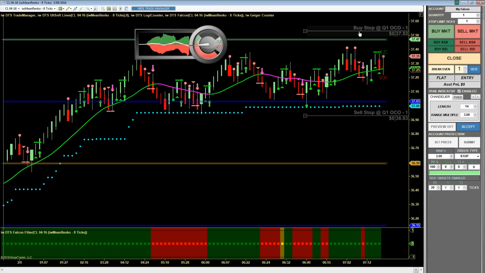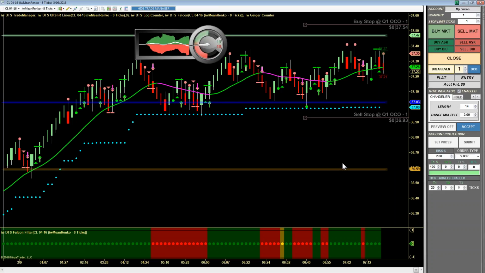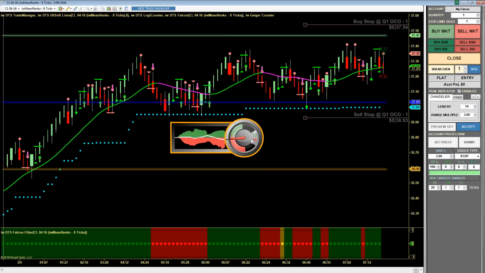I'll do the same thing here on the buy side. And when the market starts to overlap like this, it really is a tough call to try to figure out which way the market's going to go. Right now, we're producing a buy signal on the Falcon.